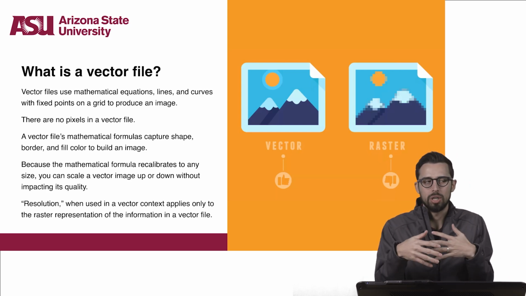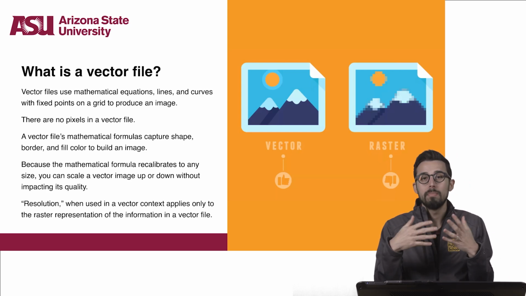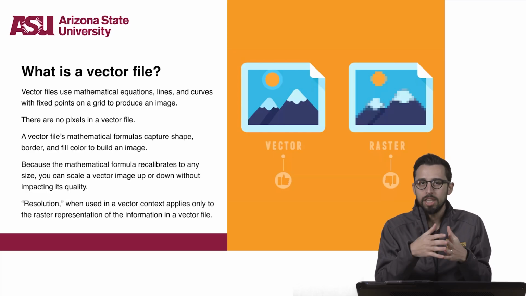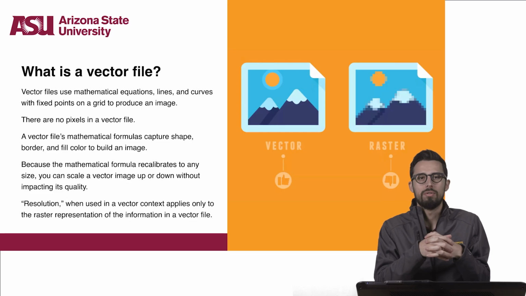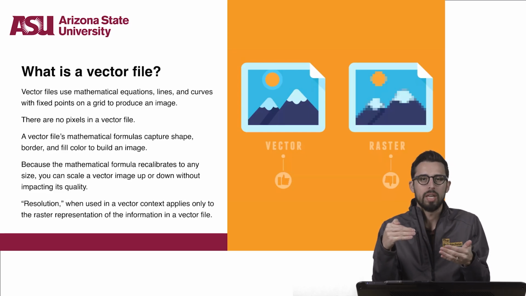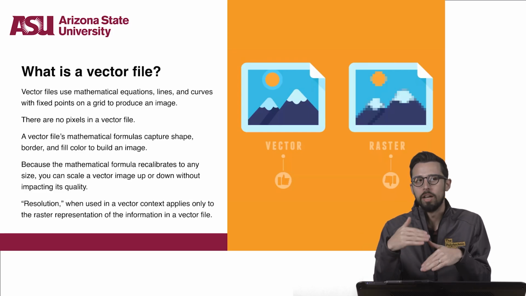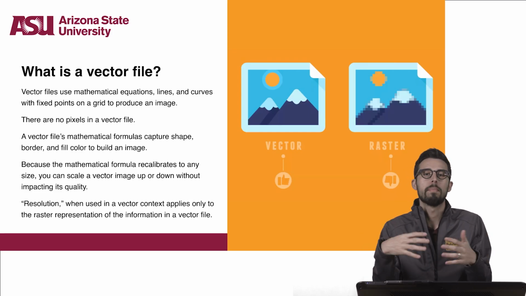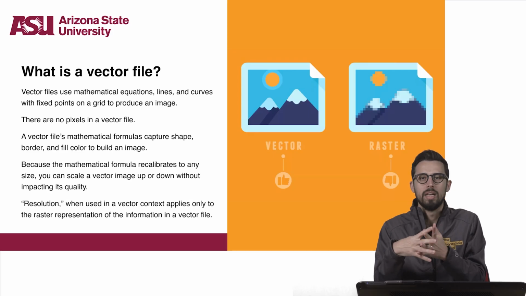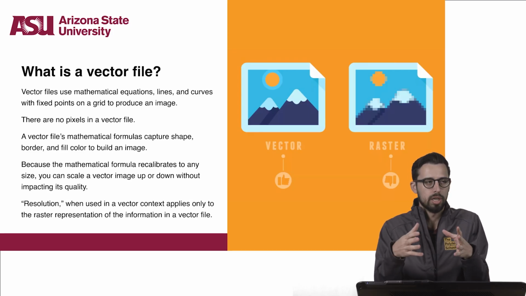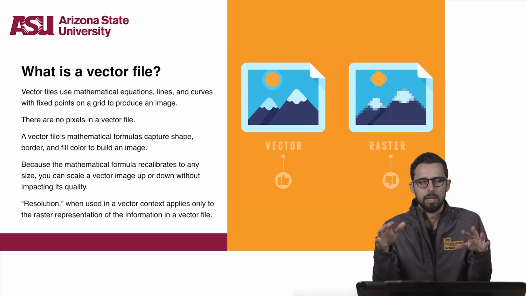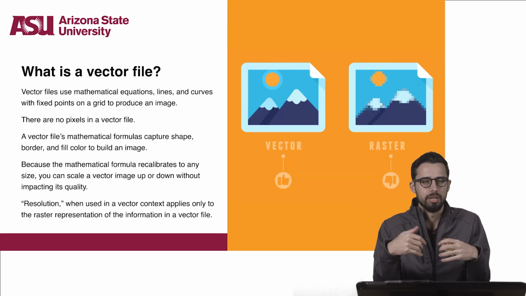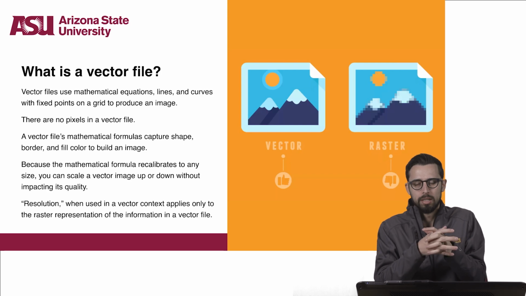And a raster is a mosaic of tiny shapes, usually squares, pixels, and you can commonly see those expressed as a number of horizontal and vertical points. For example, 1920 by 1080 is the raster of a full HD screen, although that's a little outdated now. We're mostly using 4K or 2K screens.